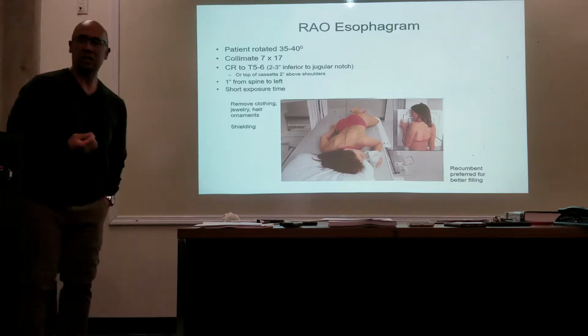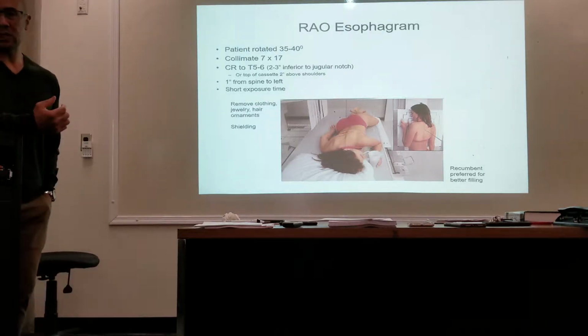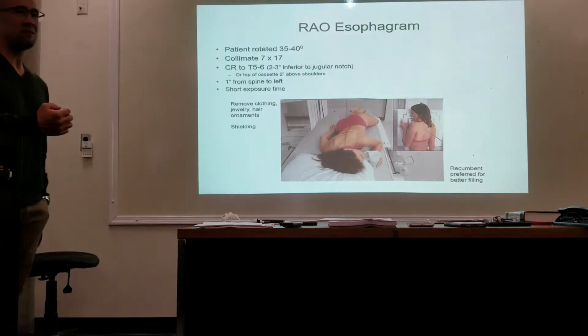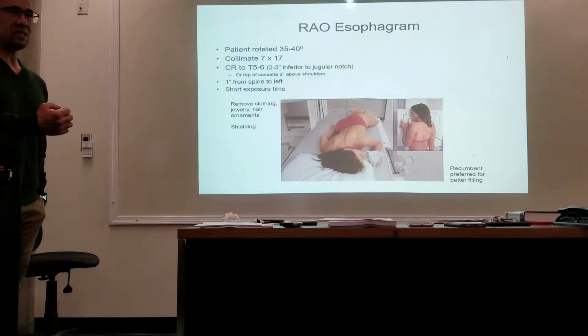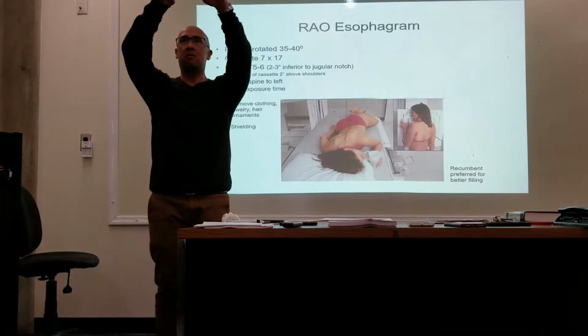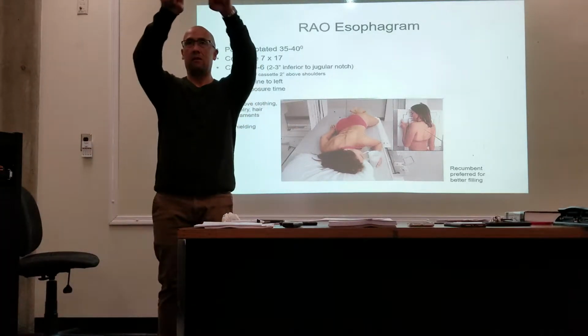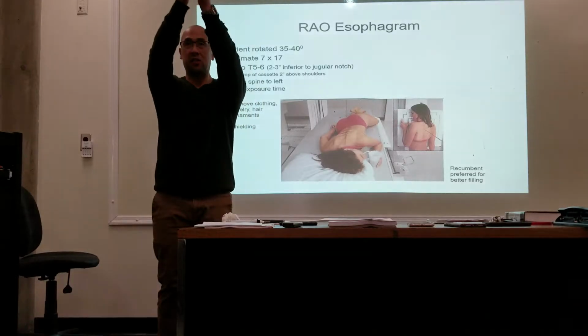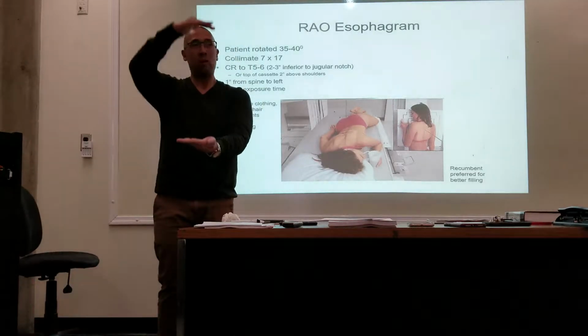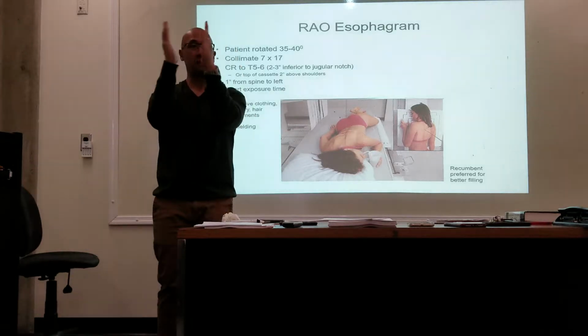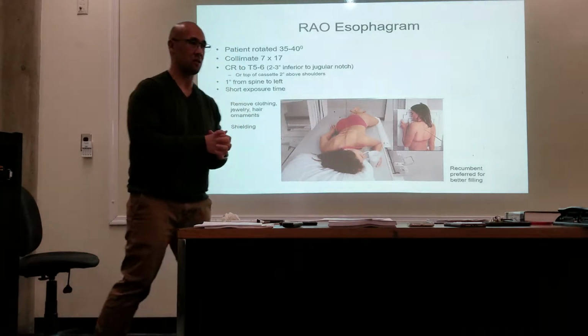You're going to use a large image receptor and collimate to an area of about 7 by 17. It's just like this. Okay, because your esophagus is just like this. So we want the full length of 17, but we're going to collimate side to side approximately 7 inches.